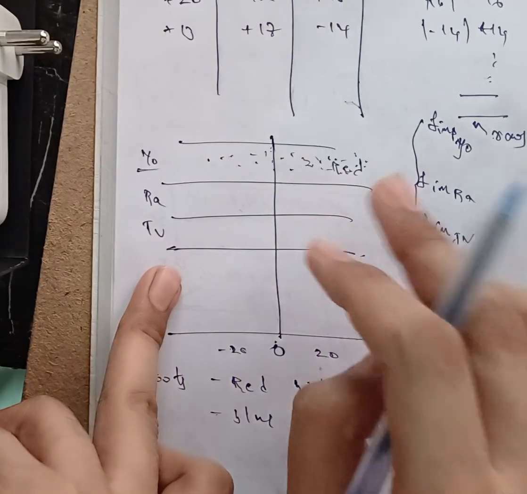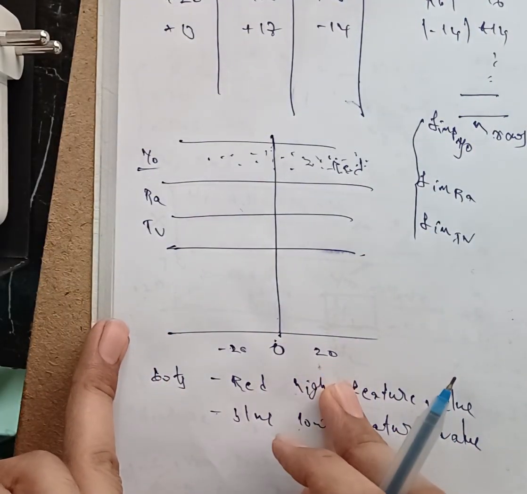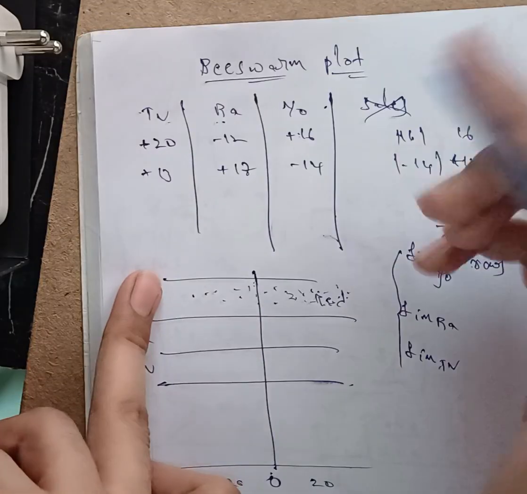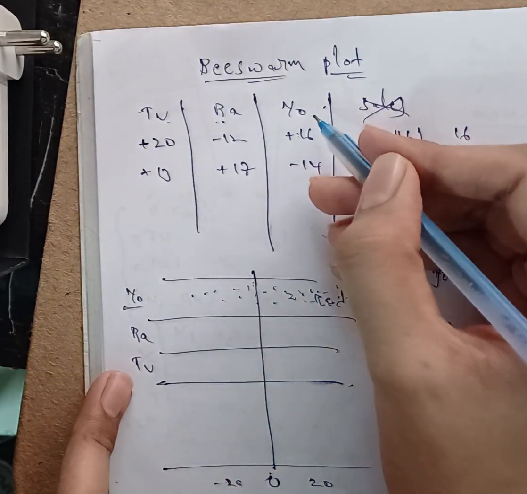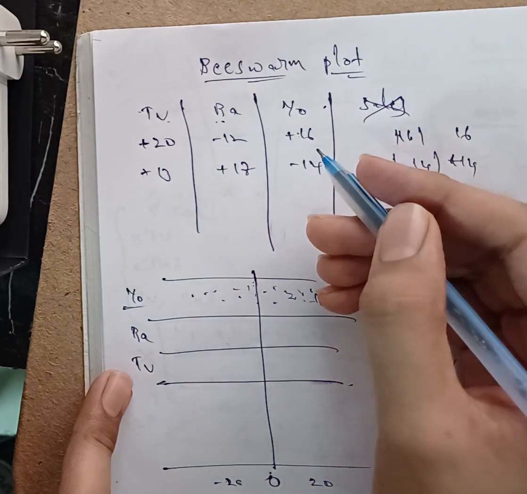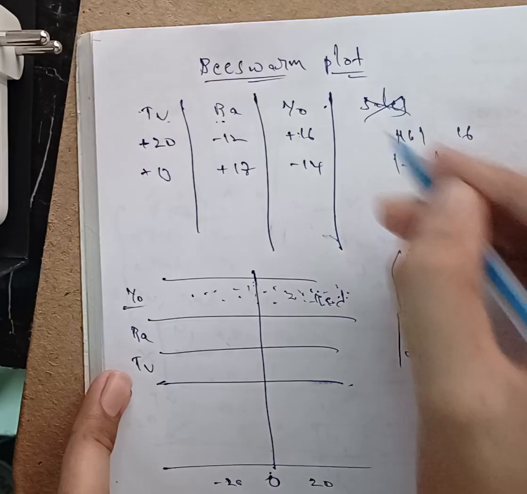For higher values the feature importance is positive. Consider this case: for YouTube, if we spend more money on advertisements, then we are having more sales.